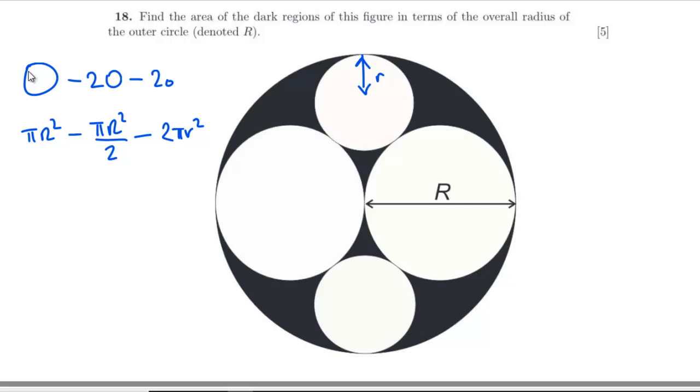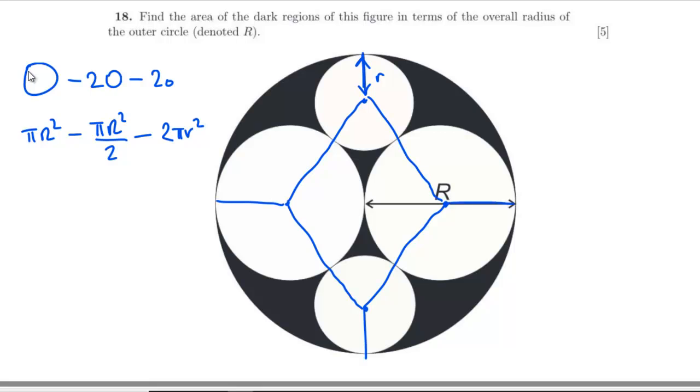Right, so how are we going to get this little r in terms of big R? Well, we're going to have to draw on what we can do with this. So put all the centers on, and then we'll see what we end up with once we draw on all of the touch points. We're going to have the lines that connect up all of the centers, and the lines that go out to the outside.